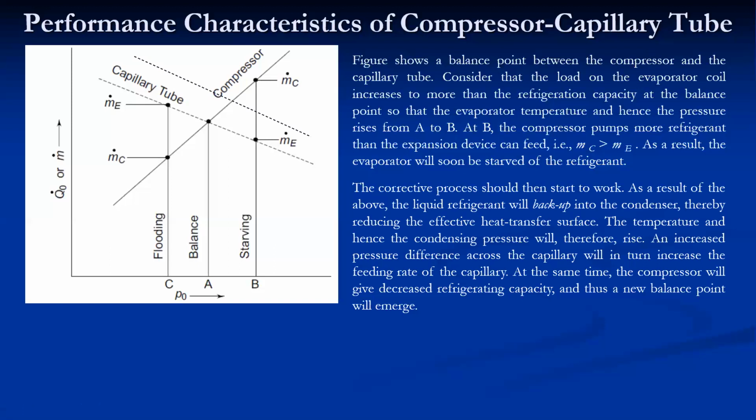As the condensing temperature increases, the compressor mass flow rate changes. This is the new mass flow rate of the compressor. At the same time, due to the increase in condensing temperature, the compressor capacity decreases, because this is in this direction as the condensing temperature increases for the compressor, and in this direction for the capillary tube. So a new balance condition will emerge. This is a new balance condition.